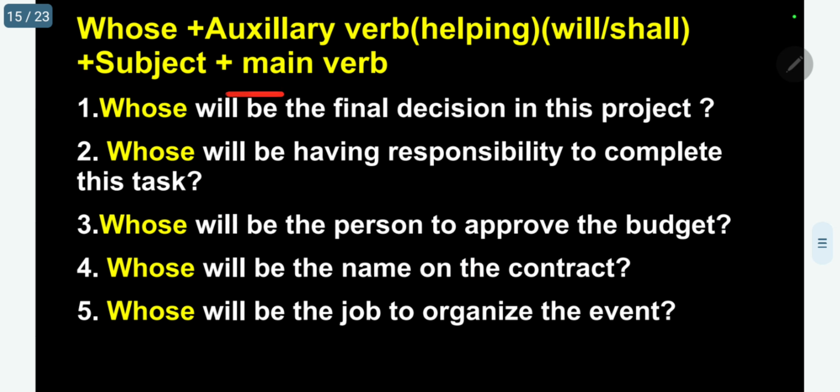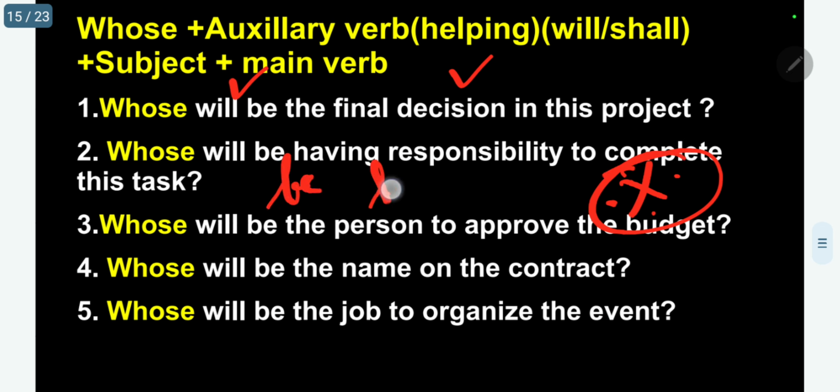So, whose will be the final decision in this project? Please follow. This is very, very important. I told you first be verb, has verb, and do verbs only will act as a main verb.